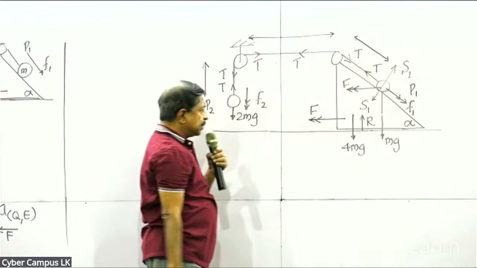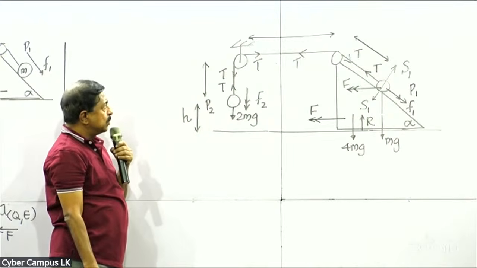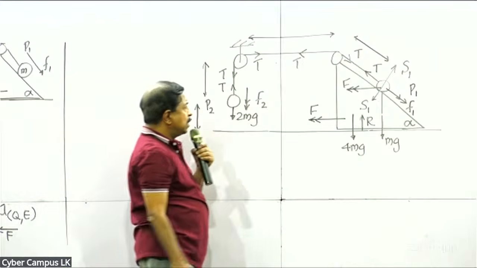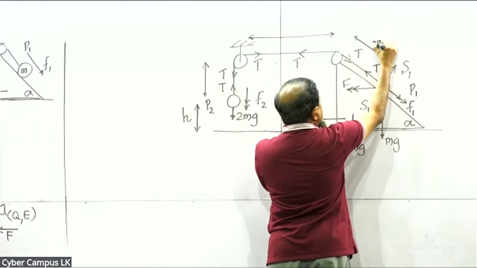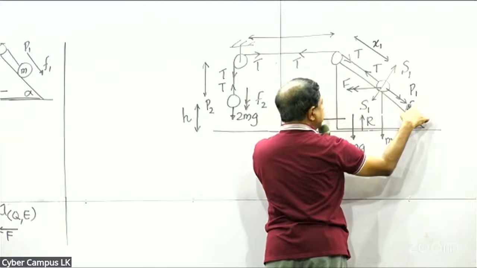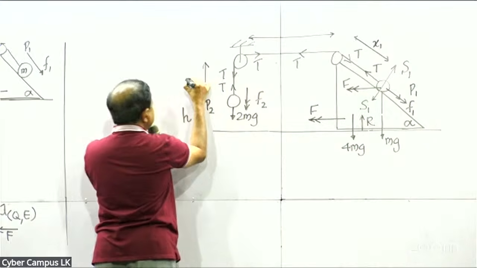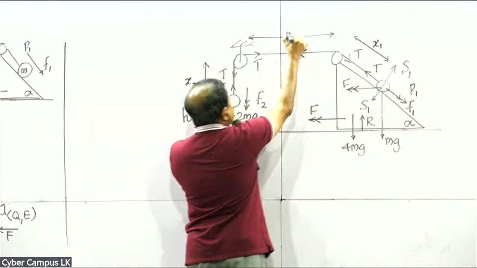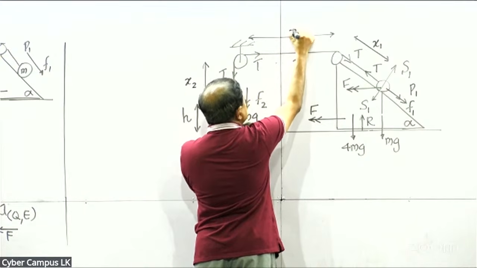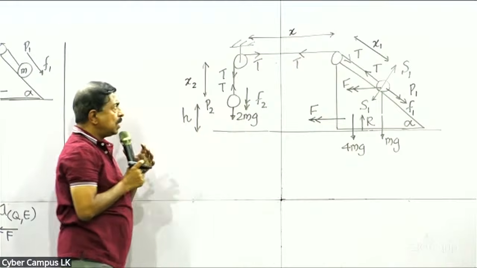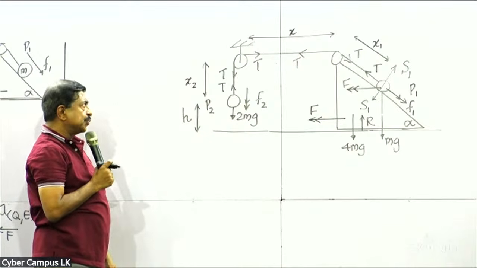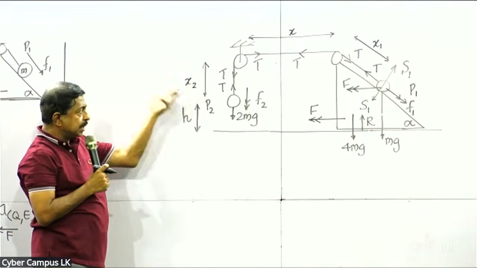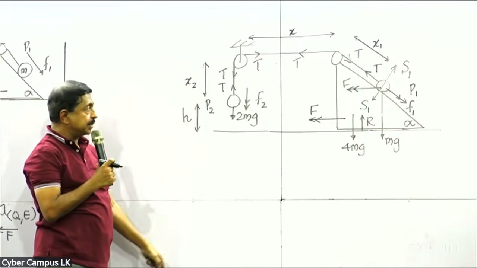You better use x1, x2, x3, like that. I take this as x1 because it is associated with F1. I take this as x2 because it is associated with F2. I take this as x. Now the total length of the straight portions of the string should be a constant.